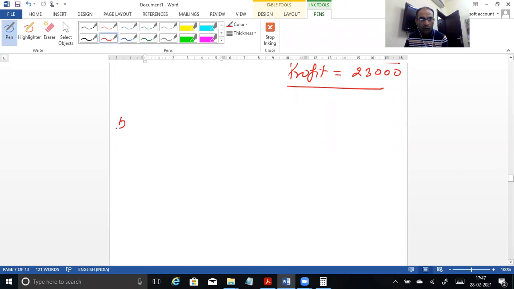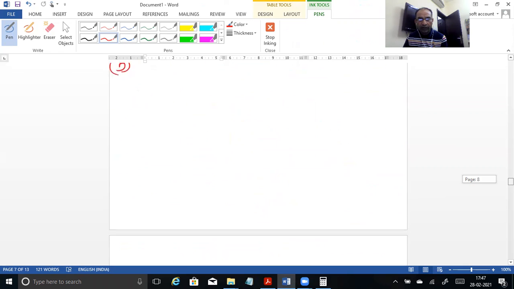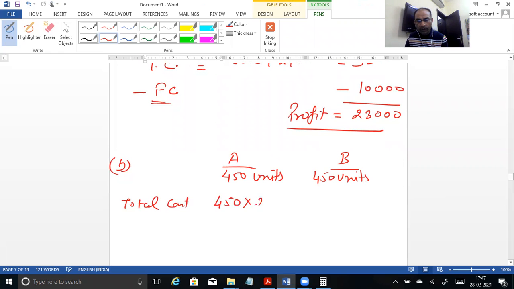If we go for option B, how many units are there? 450 for both the products. So for A and B, for both the products, we have 450 units each. So here also we will calculate the same total contribution. So 450 into 20, sorry, 450 into 45.